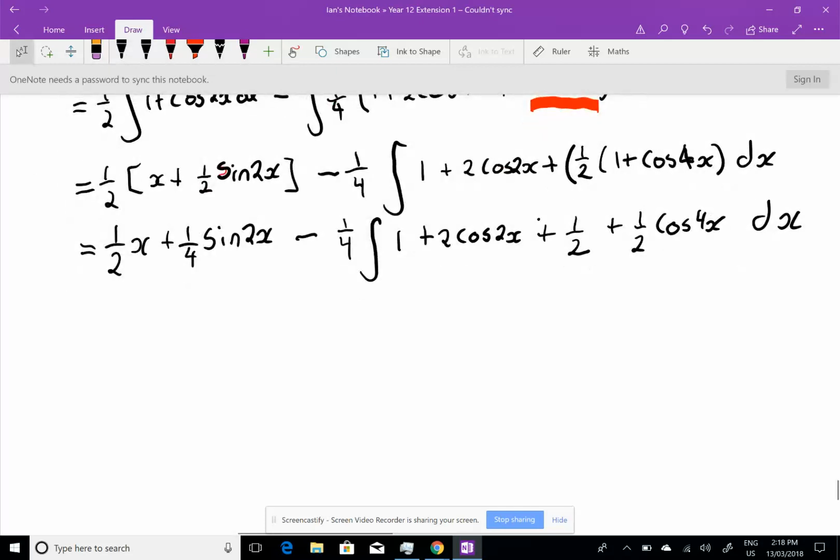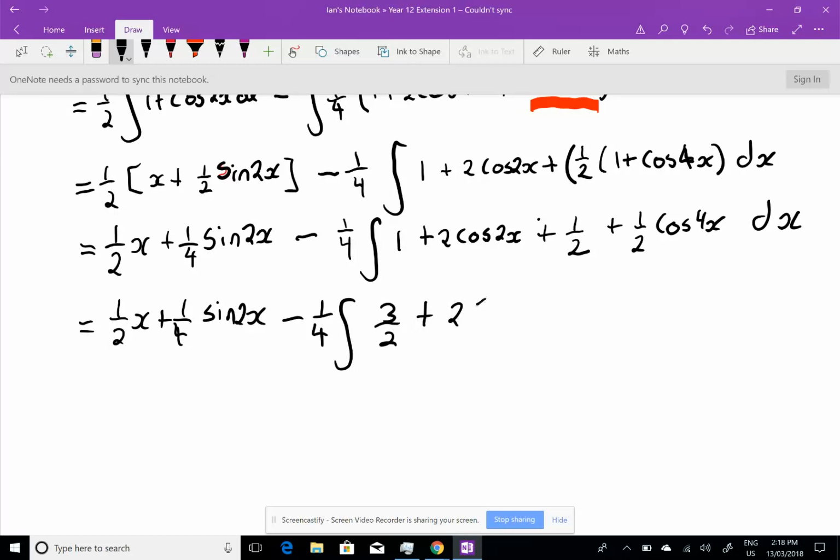Well, one more line. We get a half x plus a quarter sine 2x minus a quarter. I'm just going to tidy up. There's one other thing I'll do. I'm going to add that 1 plus a half. I'm going to get 3 on 2 plus 2 cos 2x plus a half cos 4x dx. All right, we're almost there.